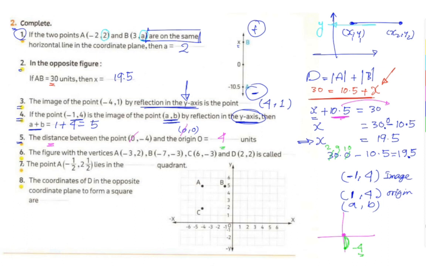Okay. Next question 6. The figure with the vertices A, B, C, and D is called what? We have 4 points. Let's try to imagine this shape. Look with me. I have A negative 3 and 2, B negative 7, negative 3, C 6, negative 3, D 2 and 2 is called what?